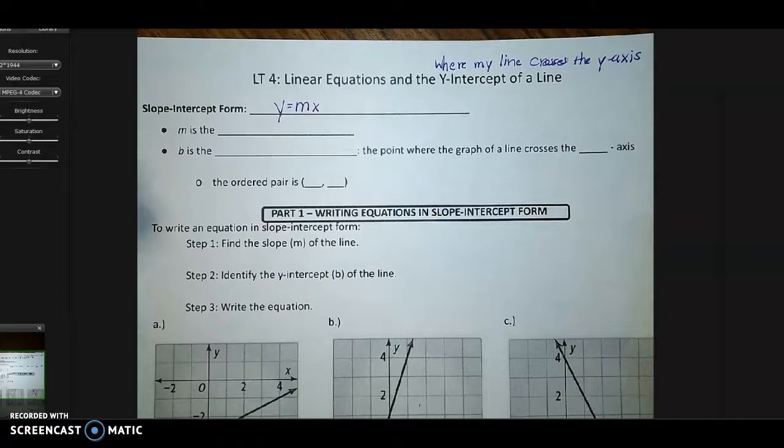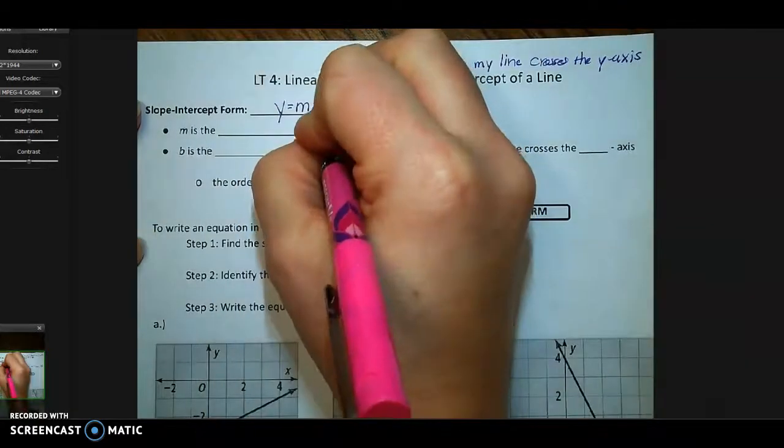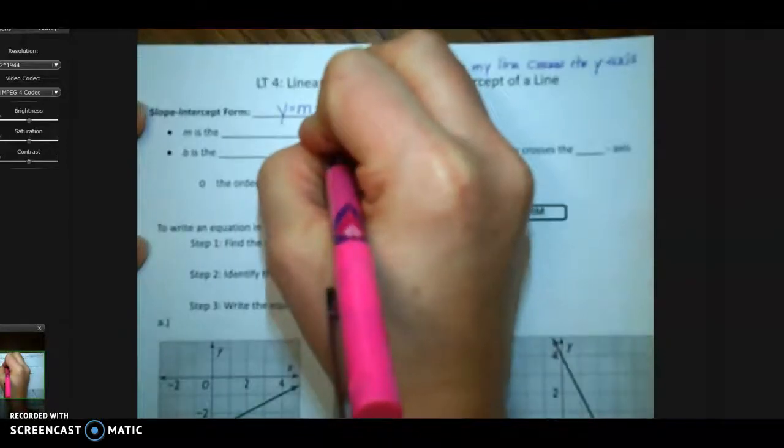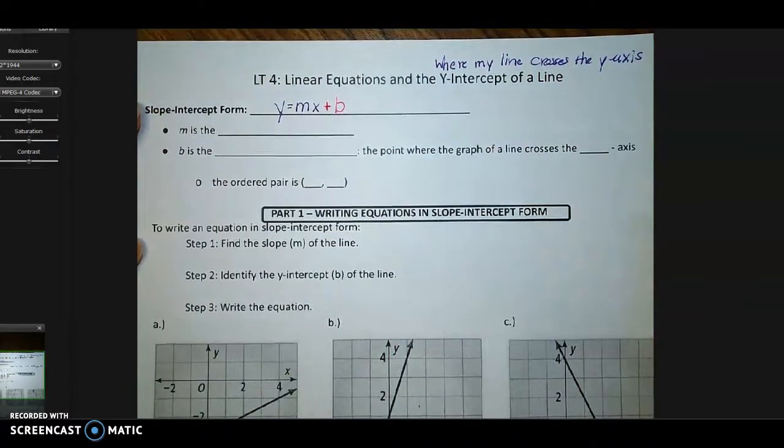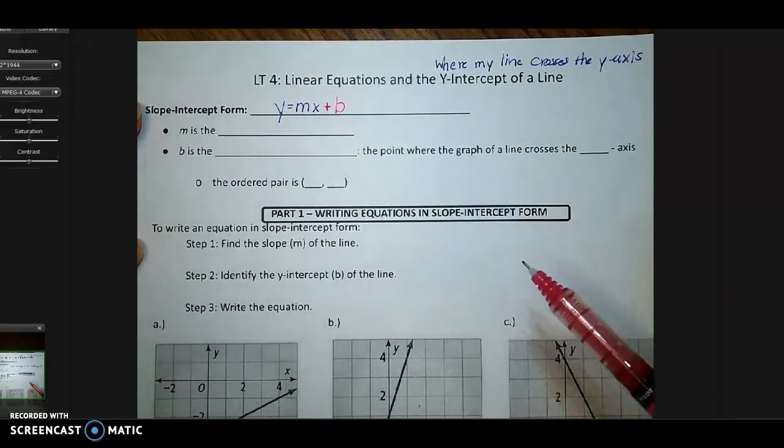When our line does not go through the origin, I'm going to have something added onto it, and you can think of it as adding a positive or adding a negative. But that's going to tell me where I go through the y-axis.